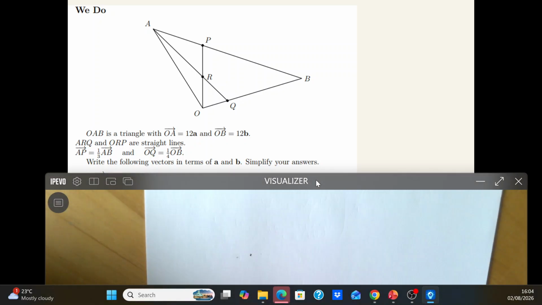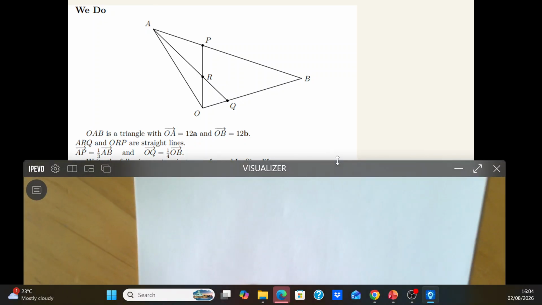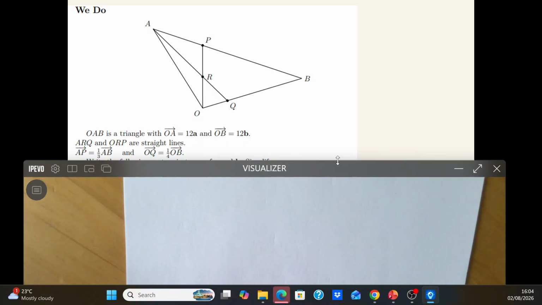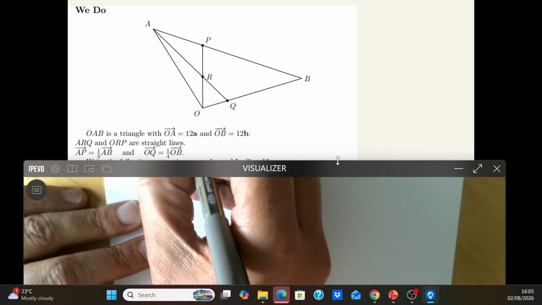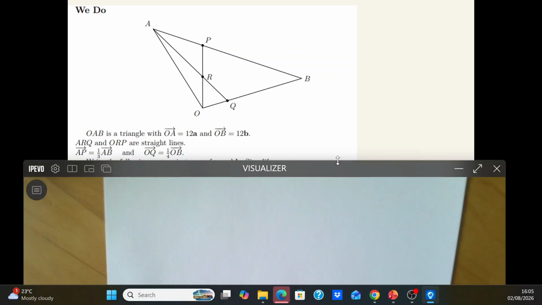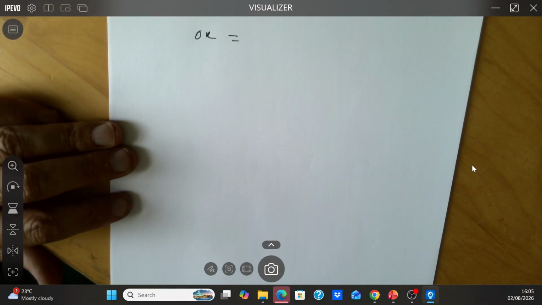I've done that. Now, the harder bit, OR. So how do we find OR? We need to think of our different ways of doing it. So one of them, I'll make this big now because of the space required to do working.